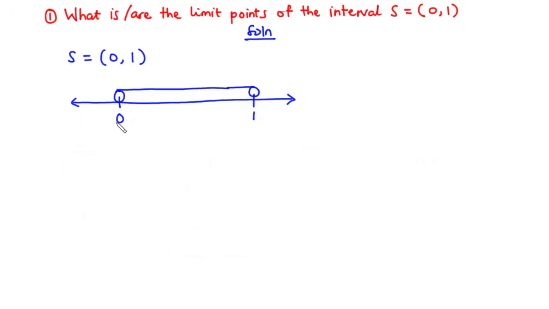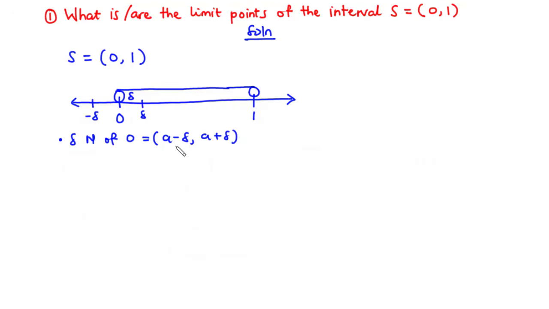Now the delta neighborhood of 0 means that we are going to move a distance of delta to both the left and right of 0. So to the right of 0, a distance of delta, we have delta, and then to the left of 0, a distance of delta, we have negative delta. That is, the delta neighborhood of 0 is given by the interval A minus delta, A plus delta.